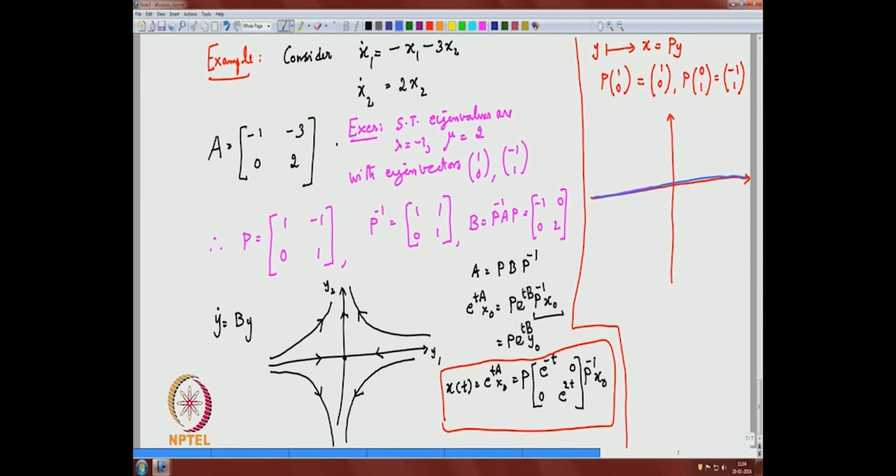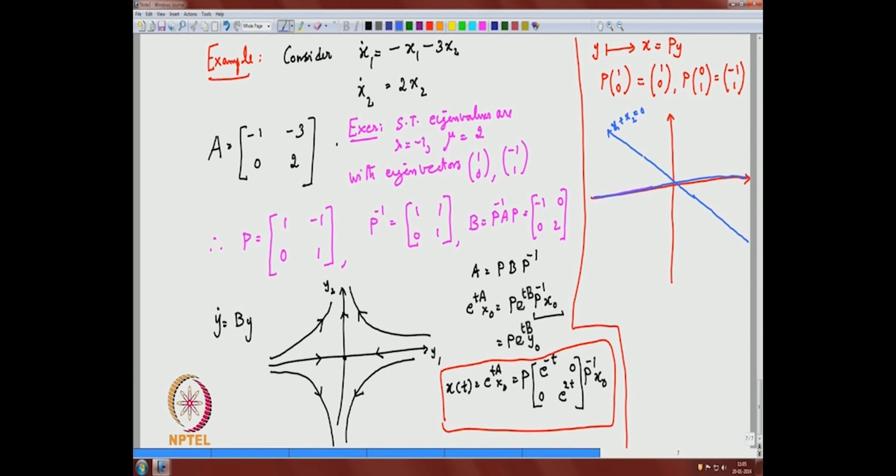So, it will go to this axis, that is the y1 minus y2 plane. So, this is the new coordinates now. This is y1, and this is the coordinate y1 plus y2 equal to 0, or x1 plus x2 equal to 0. You see, that is where it goes. So, the y2 axis actually transforms to this one.